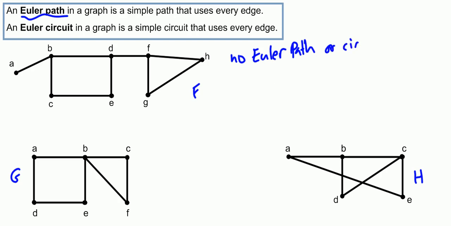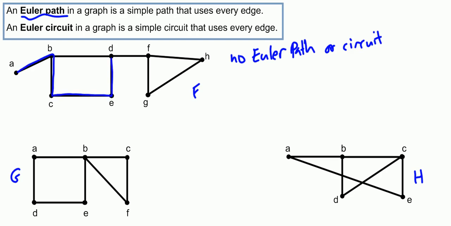Now it turns out that we'll actually have very definitive tests for Euler paths and circuits, which is something that we haven't really seen much in this graph theory chapter. And we're going to observe what's happening in these two graphs down here. So looking at this graph G over here, let's reflect a little bit about what happened. The idea is you don't want to get stuck.